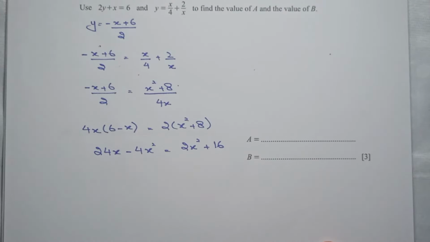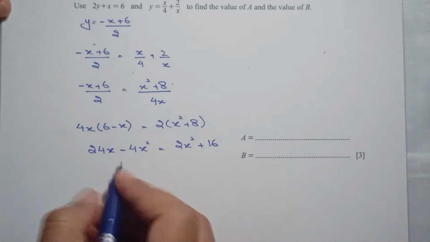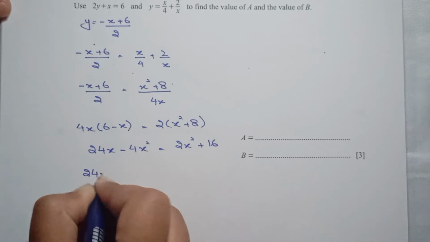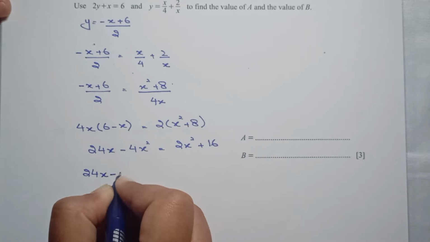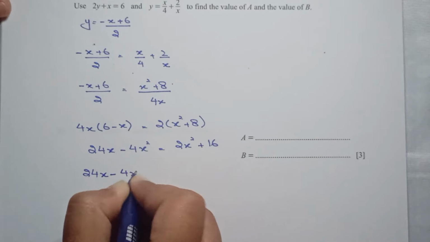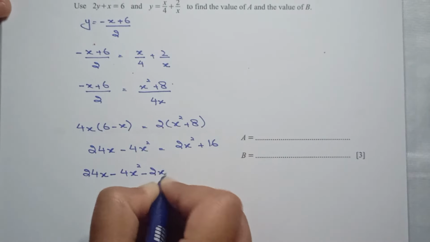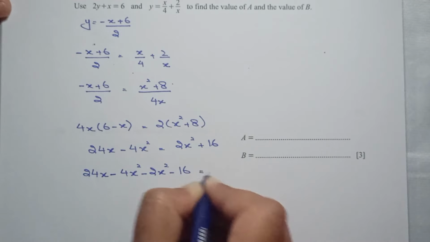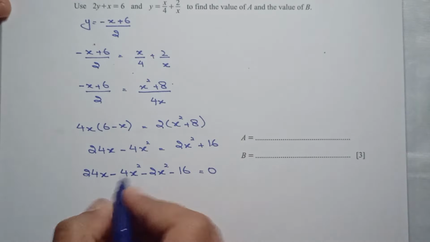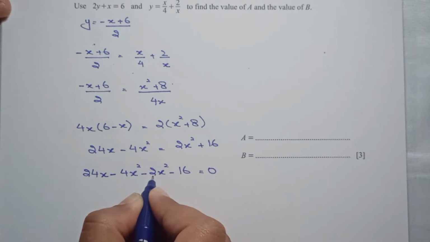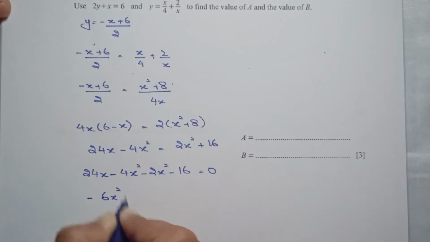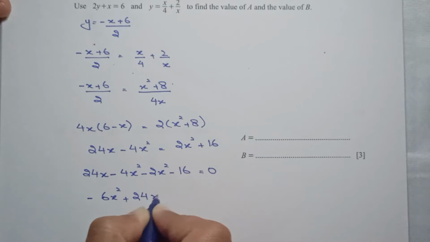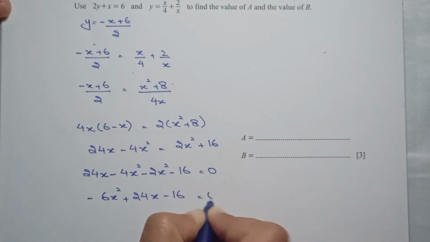Now for further simplification, 24x minus 4x square minus 2x square minus 16 equals 0, right? So we have negative 6x square, positive 24x, and negative 16 equals 0.